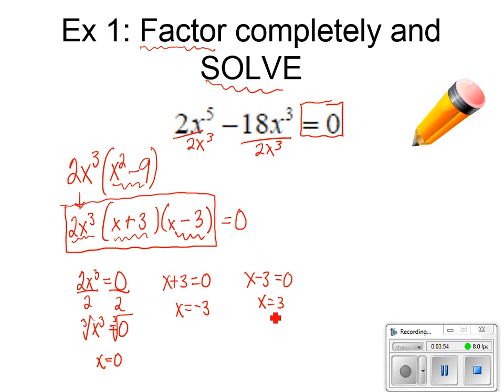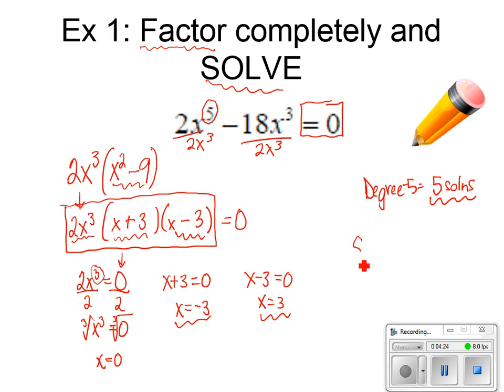Now, what I should have is as many solutions as my largest degree. If my degree is 5, in this case, I should have 5 solutions. I'm only seeing 3 here. That's a problem. Well, guess what? Here's 1, here's 2, and there were 3 zeros.